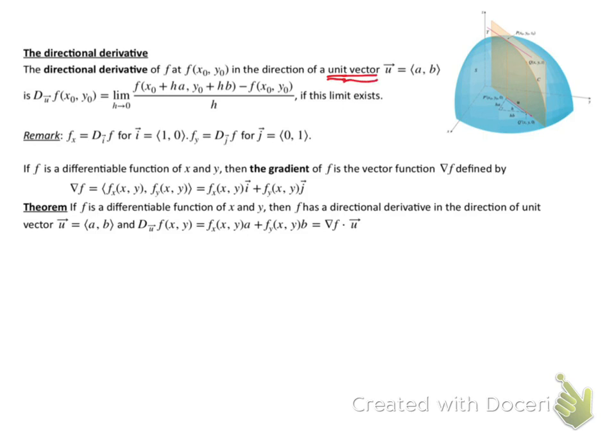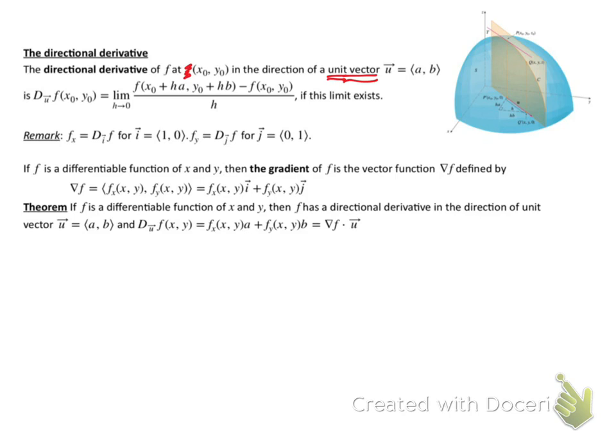So you have an f, and you have a unit vector with components a and b, and your f at a certain point x0, y0.